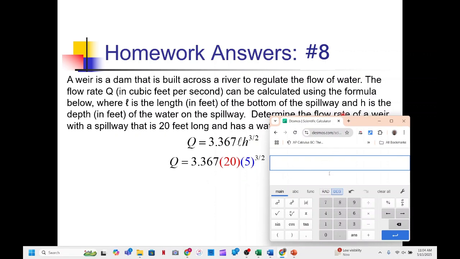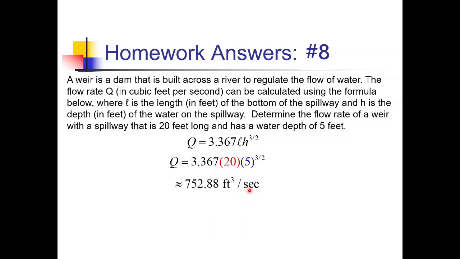So here is our calculator to the rescue. We've got 3.367 times 20 times 5, and that 5 again being raised to the 3 halves. And in Desmos we trust, that comes out to 752.88 if you want to round it off, and that is going to be in cubic feet per second.